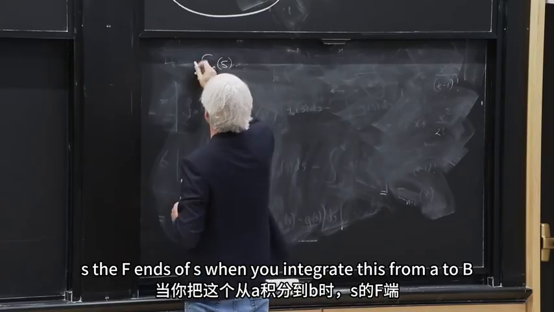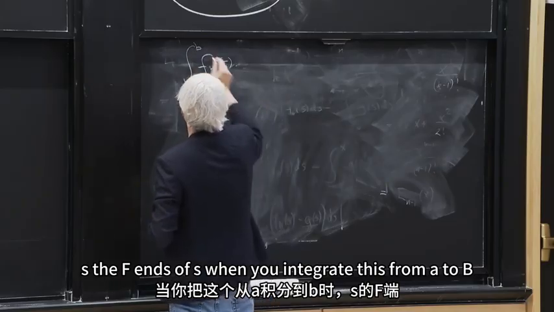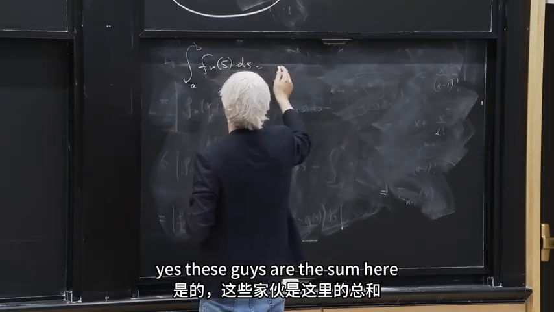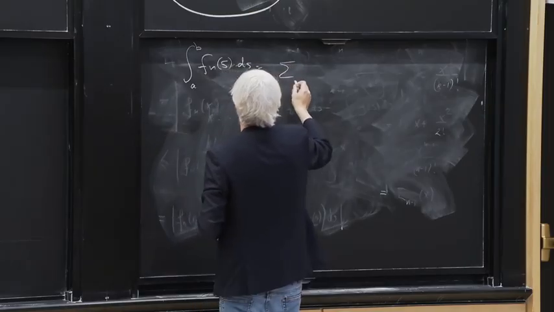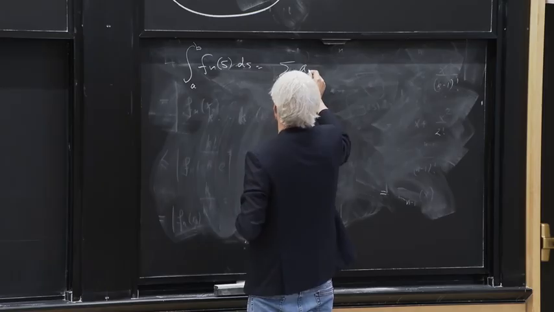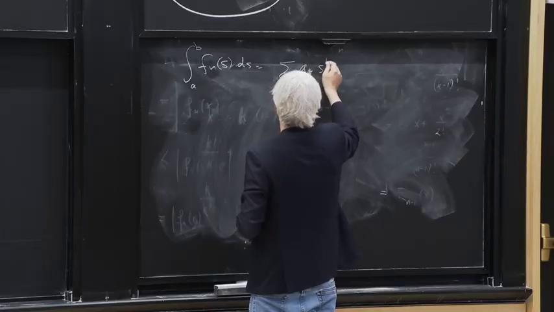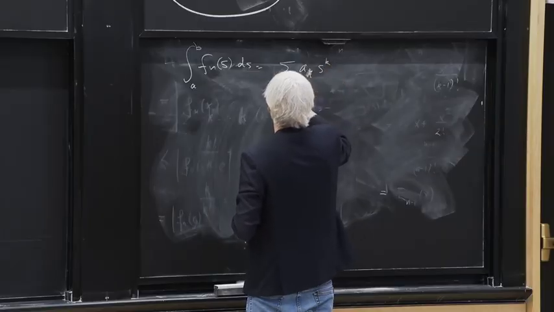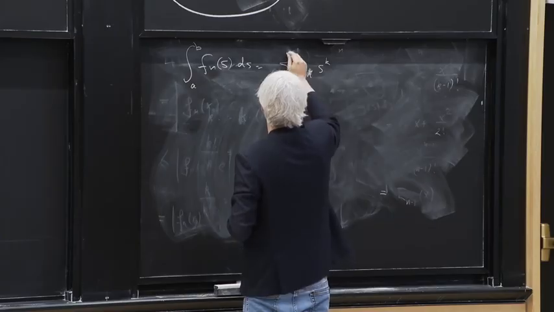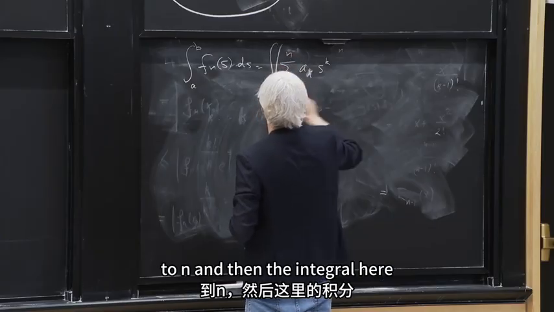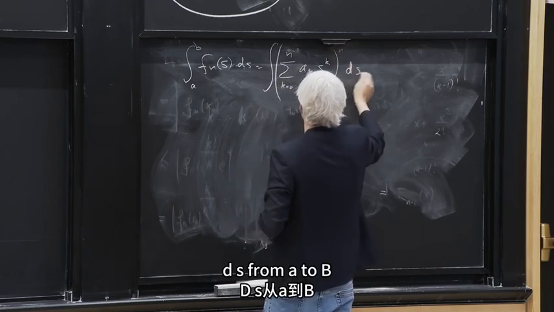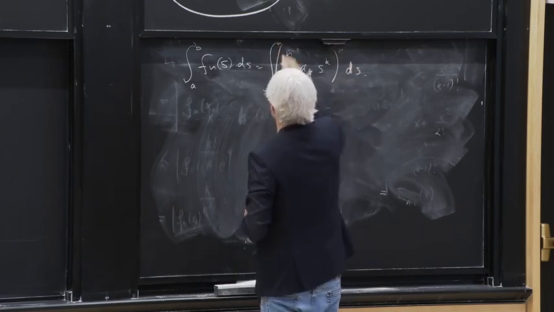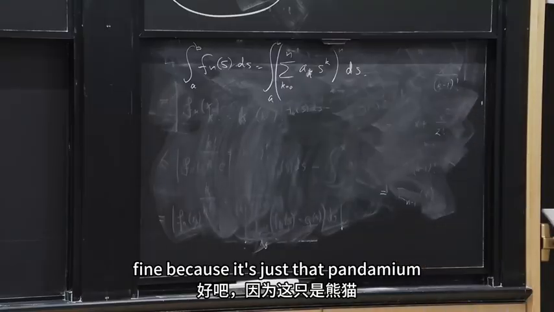So they're polynomials, so this means that the integral of f_n(s) from a to b, ds, is the sum of a_k s^k, k equal to 0 to n, and then the integral here, ds, from a to b. Fine? Because it's just a polynomial.